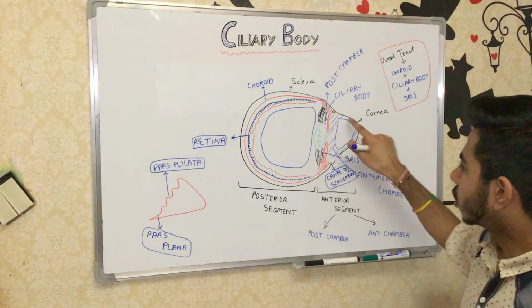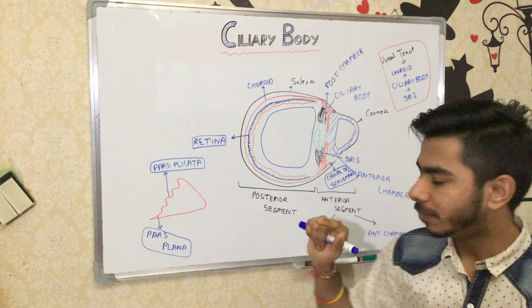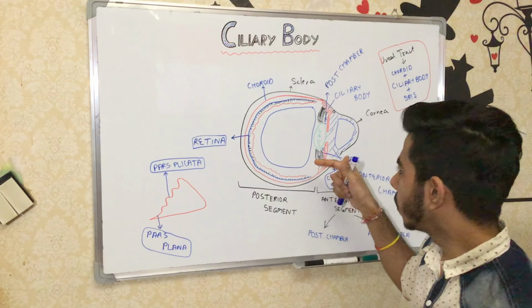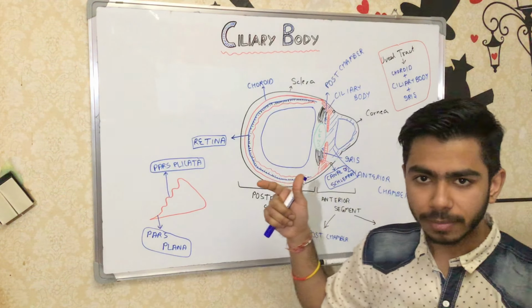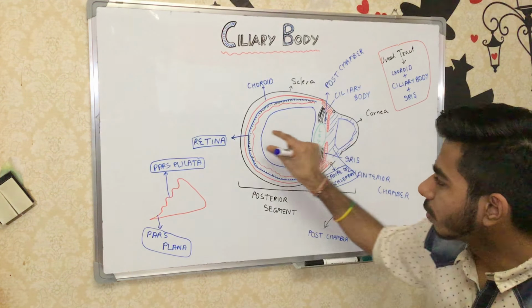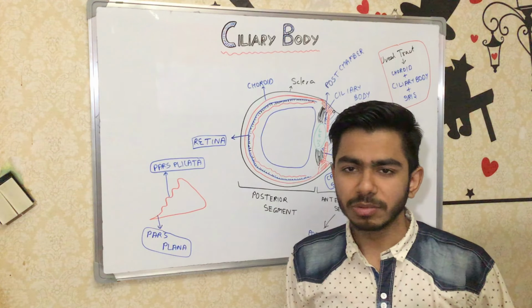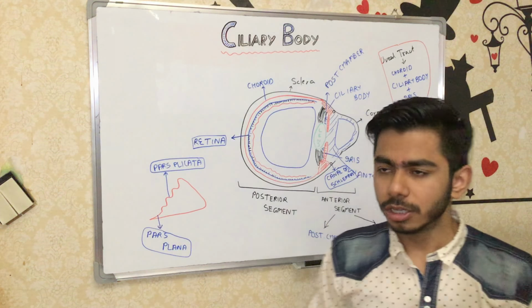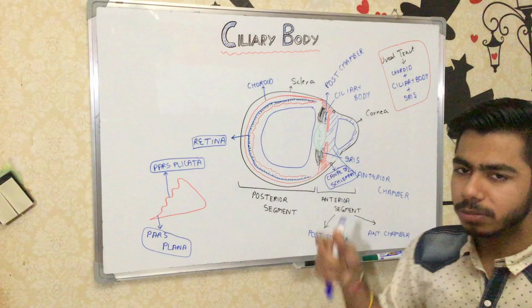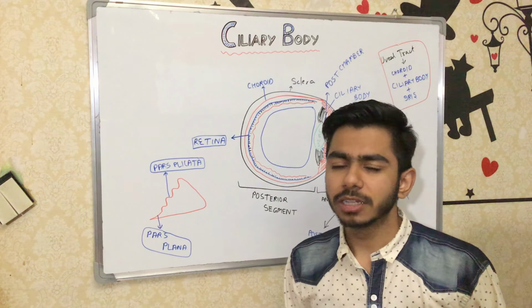If these structures are opaque, the light will not be able to enter into the lens, or the lens will not be able to converge the light, because it is not getting the proper amount of light. So there will be blurring of vision in that case. So the anterior chamber must be transparent. That's why there is no blood supply.